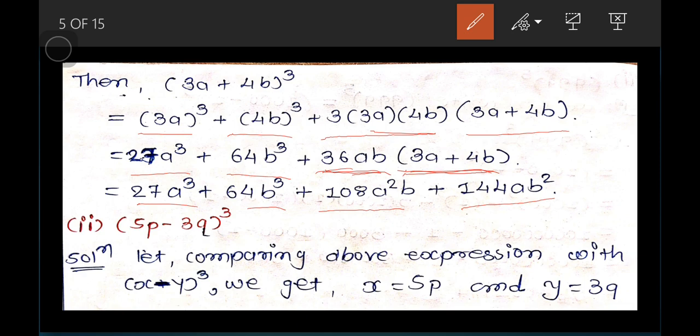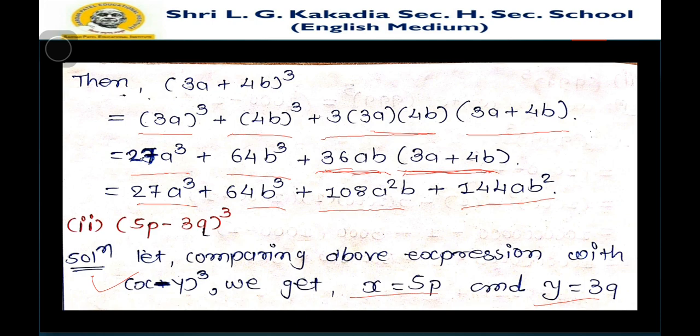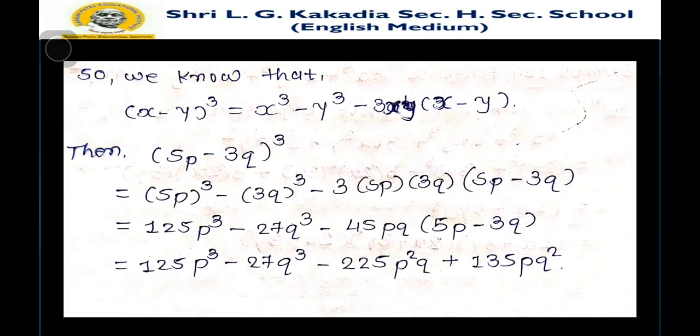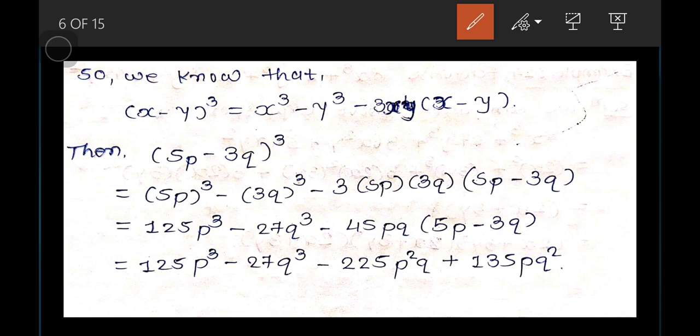Let us compare the above expression with the identity (x - y) whole cube. So we get x = 5p and y = 3q. Let us put these values in the identity, as we know that (x - y) cube is equal to x cube - y cube - 3xy(x - y).